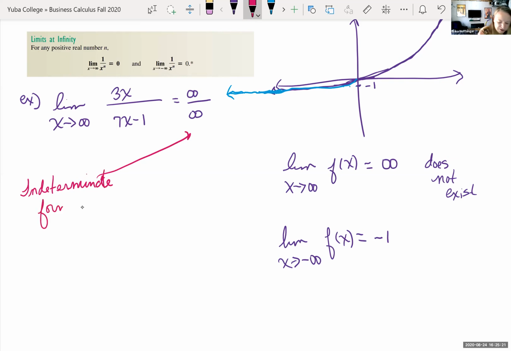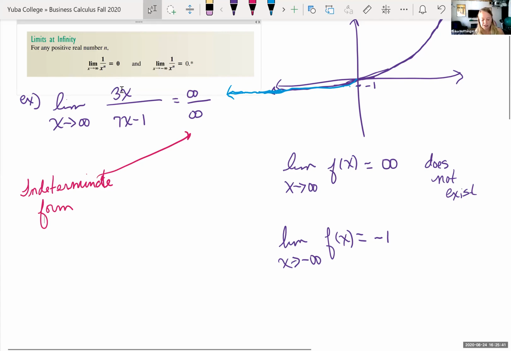Just like 0 over 0 is an indeterminate form, that limit didn't tell us anything, and so we had to go back in there and manipulate this so that when we do plug in infinity, it goes to 1 value. The trick for these is if it's going to be infinity over infinity, you want to look at the degree of the numerator, that is the variable to the highest power, so that would be x to the first.